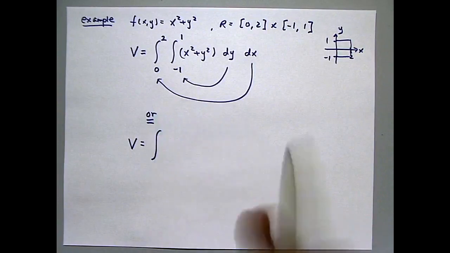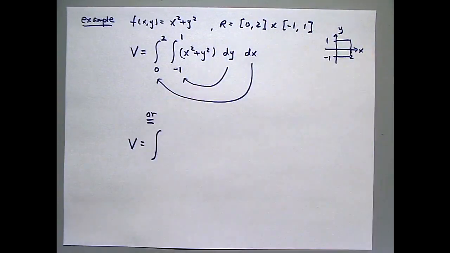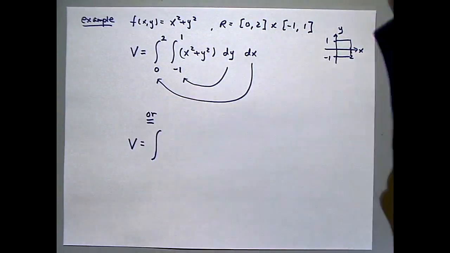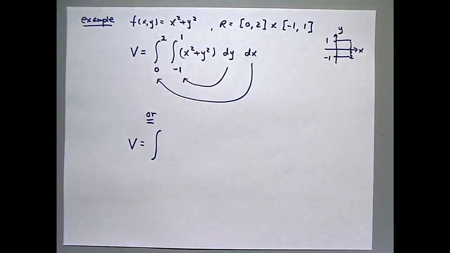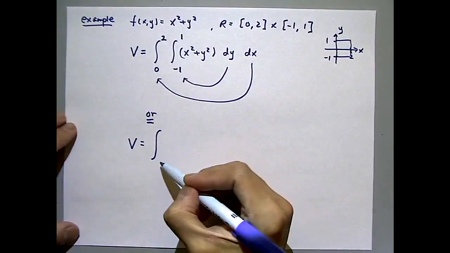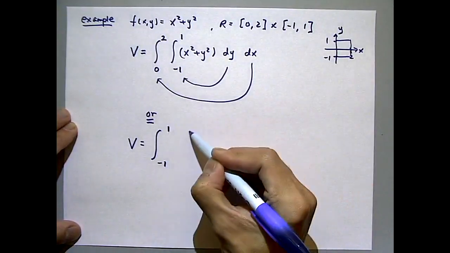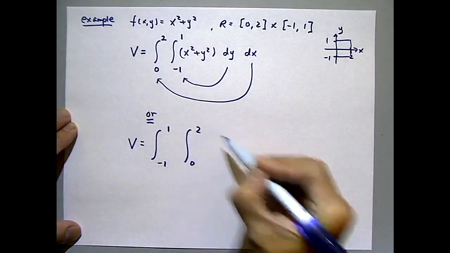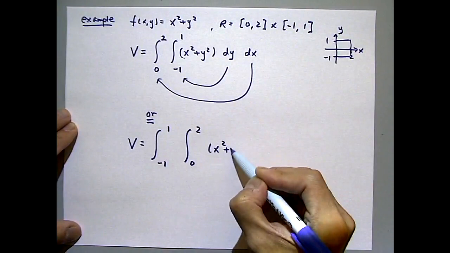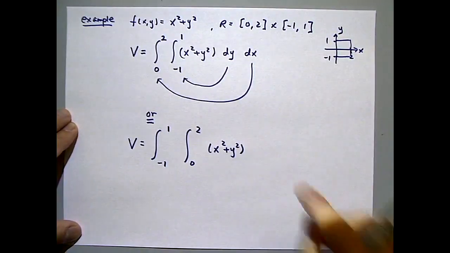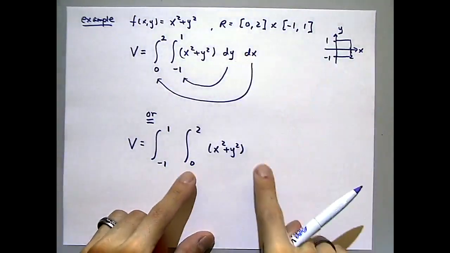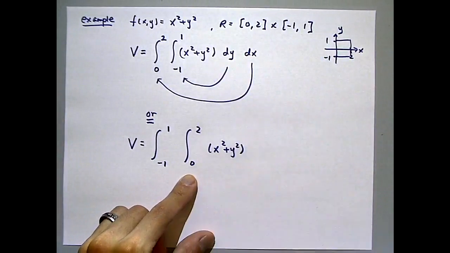We could have summed them across first and then moved up, or summed them bottom to up and then moved across, right? So we could have switched these over. We could also have done this. You guys just got to be really careful that your dy and dx line up inside out.